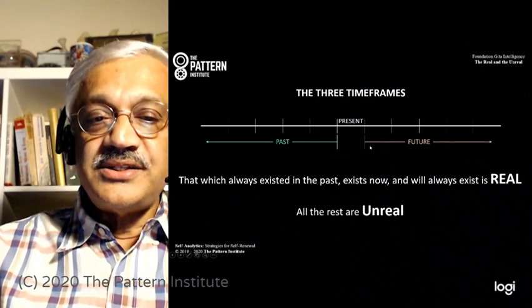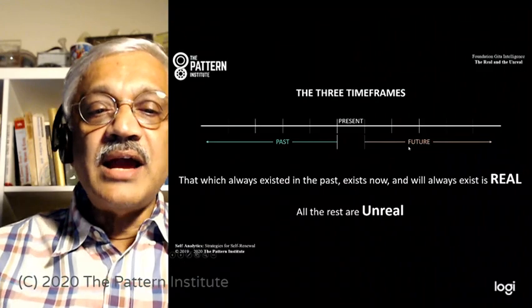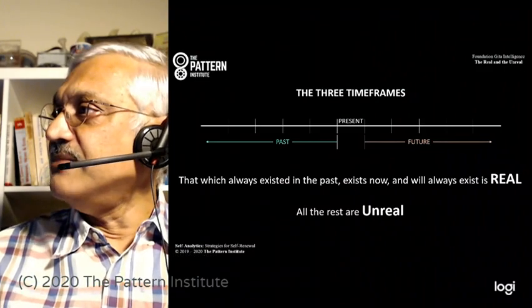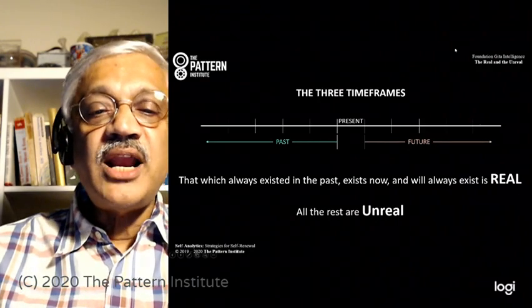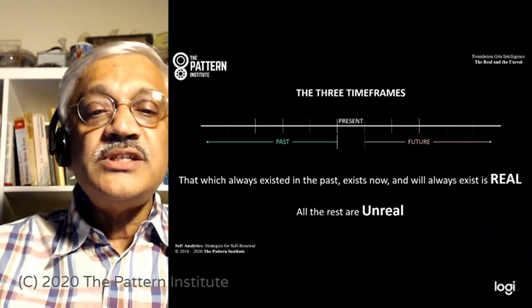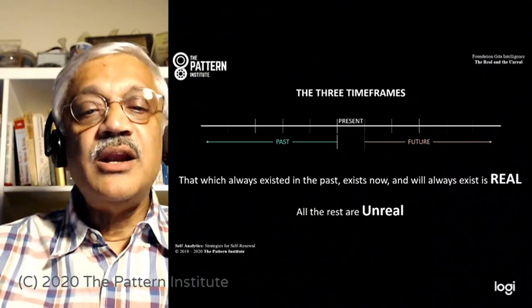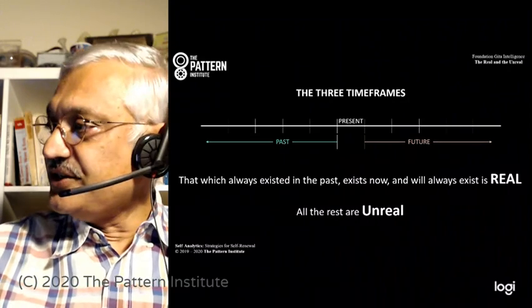Previous years, this year, the coming years. These are all examples of the three time frames. 100 years back, none of us were alive. We did not exist. 100 years hence, none of us will be alive. We will not be existing. Today, we are all alive. We exist now.